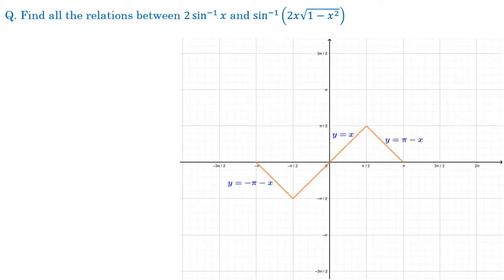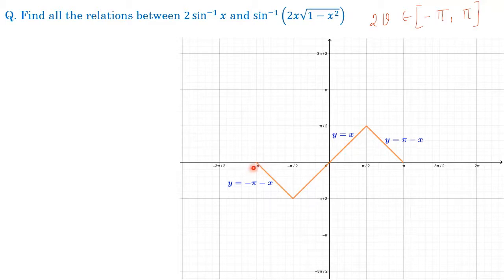This is the graph of sine inverse of sine x from minus pi up to pi, because this time our range is from minus pi up to pi. We already obtained in the previous screen that 2 theta lies from minus pi up to pi. And you see here, from minus pi up to pi, there are 3 branches.